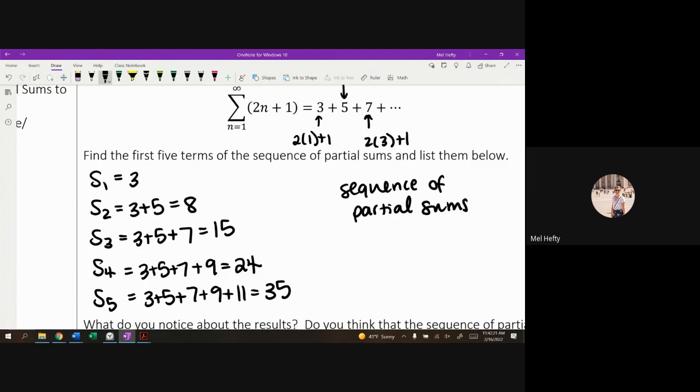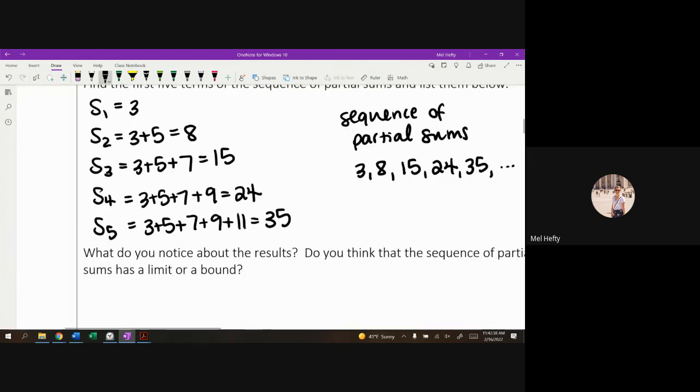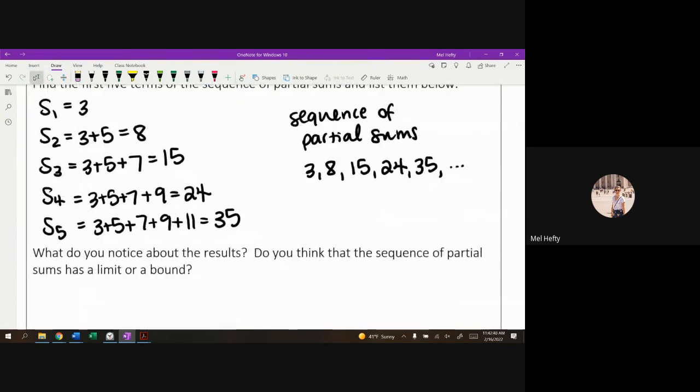So a sequence of partial sums would be looking at this set of numbers as a list. So 3, 8, 15, 24, 35, and I could keep going. Notice I don't have the pluses in there. This is just a list of numbers. That's what sequence means.